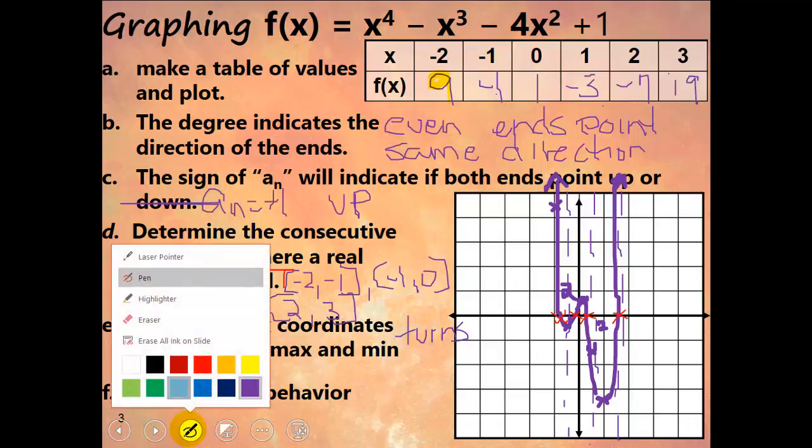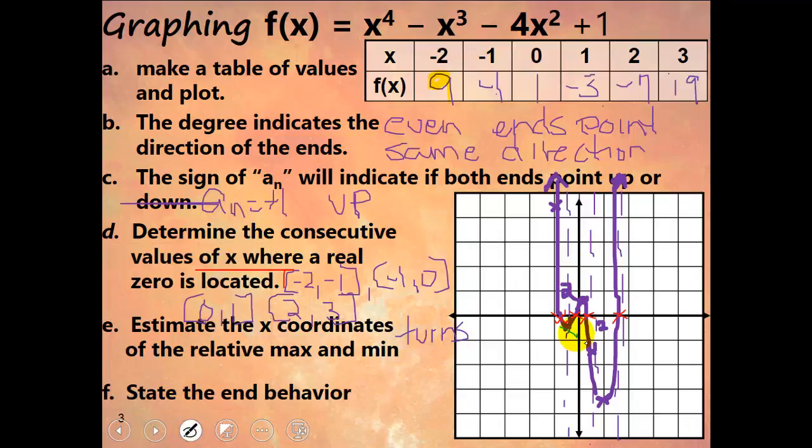So pick blue. Here's a relative min, and that's going to be at the x of negative 1. Here's a relative min, that's going to be an x of negative 2. So these are min.